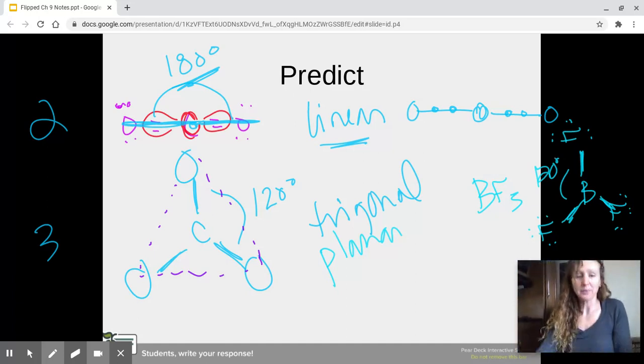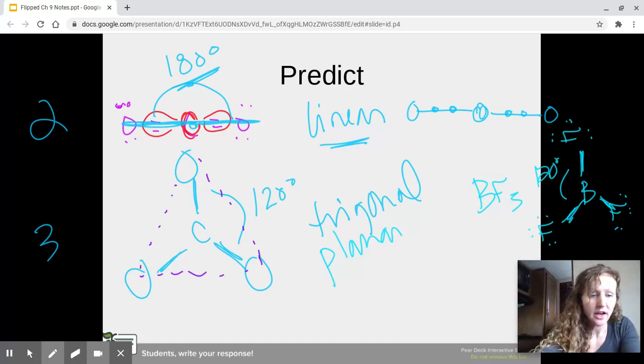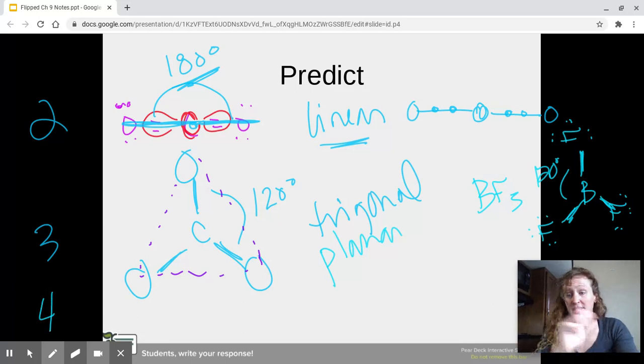So this is going to happen with anything that has 4 effective regions around it. So 4 regions of electrons repelling. And this is actually one of the most common organizations because we have so many molecules that are carbon-based, and carbon tends to form compounds that have 4 connections. Okay, this is one of the most common arrangements. So we call this tetrahedral.